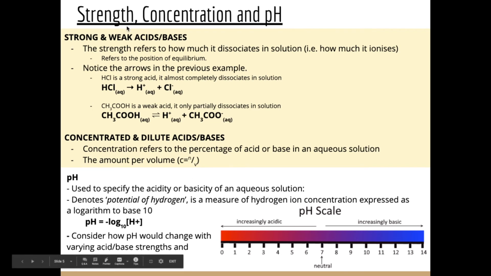If you had a very strong acid that completely dissociates, but you only have a dilute amount of it in your volume of solution, then your pH would be closer to 7 than if you had a concentrated strong acid, where you would have more H+ and the pH would be further down towards 0.